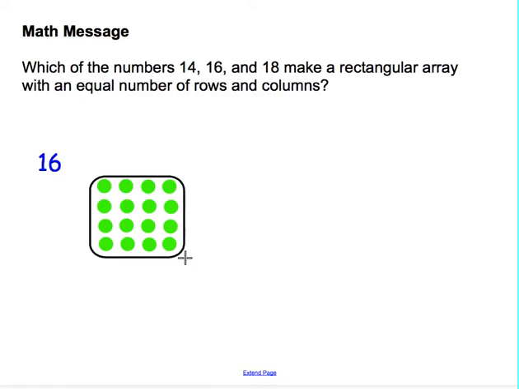There are 4 rows, 4 columns. When an array has the same number of rows and columns, it is shaped like a square, so it can be called a square array. Now the number that this square array represents, the number 16, is called a square number.